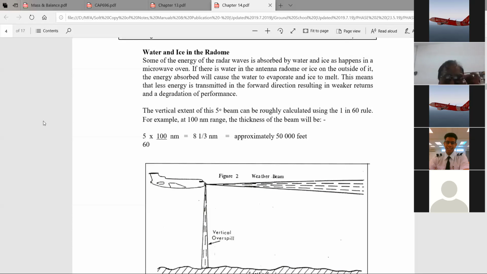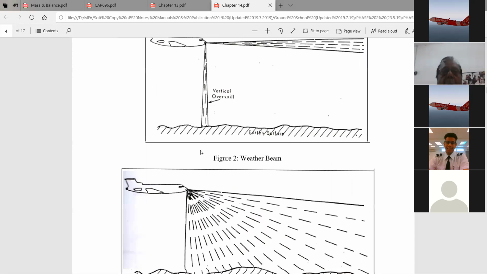Can I go back, please? Sorry, sir. I can't control the beam now. Can you move your cursor? I am moving. You say here you are controlling the screen.